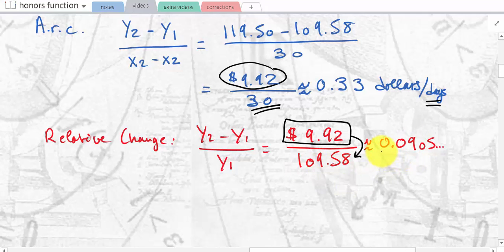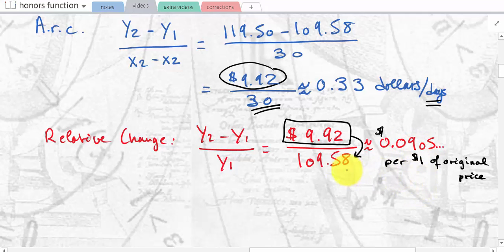So it is $0.0905 in change per $1 of, sorry, not input, of the original price. So for every $1 in the original price, the change was 0.0905, so about 9 cents. 9 cents for every $1 of the price.